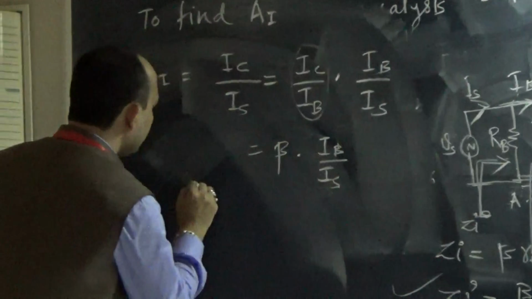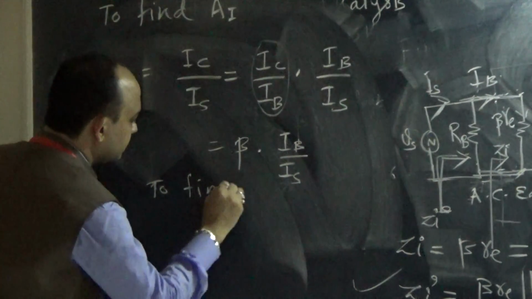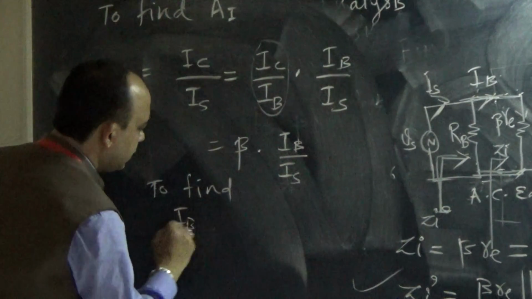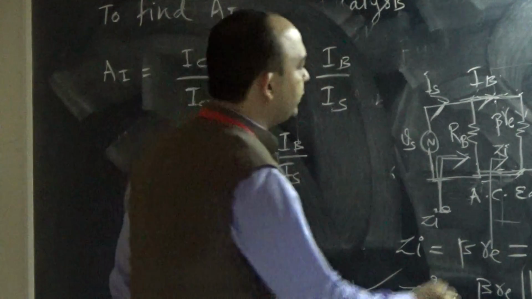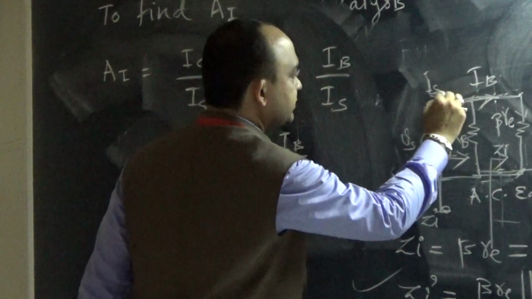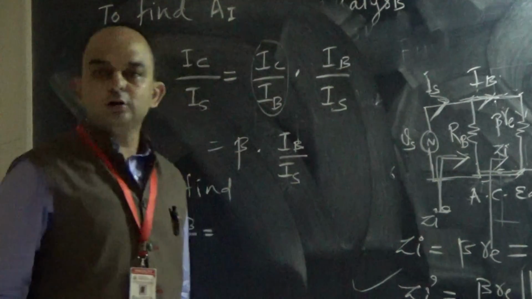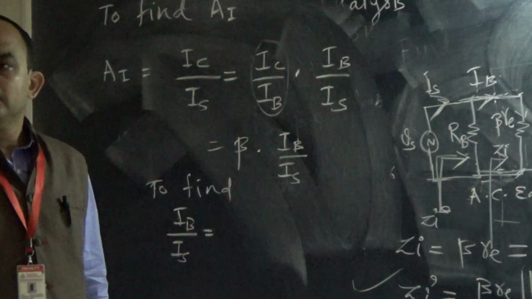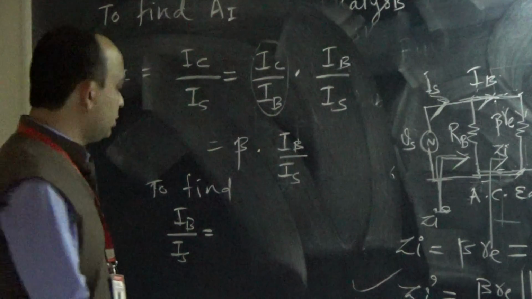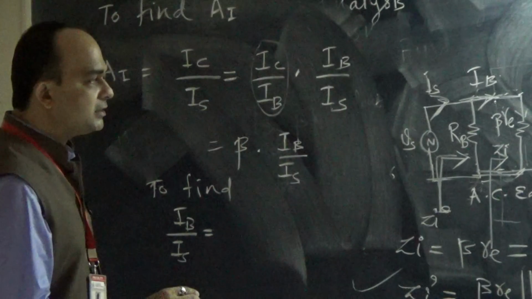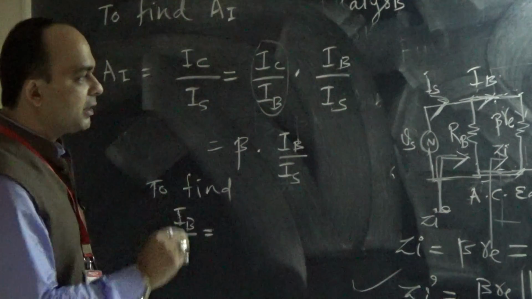How will I find IB upon IS? This is IB, this is IS. Do you know the relation between two currents in a parallel branch, the current division rule? IB upon IS. What is the relation?